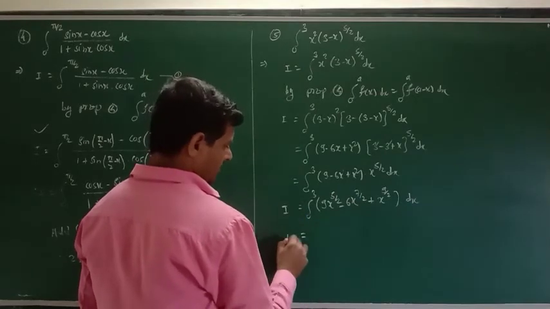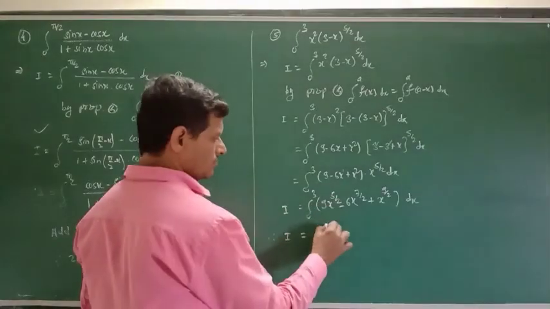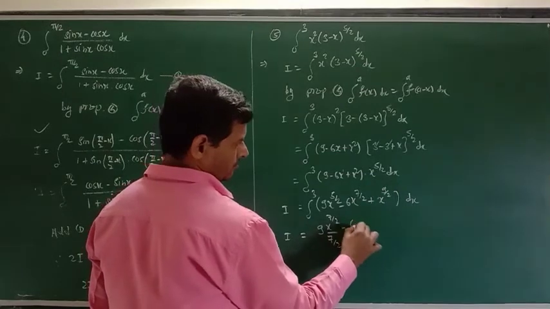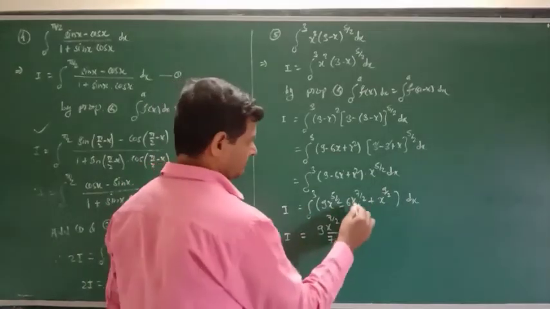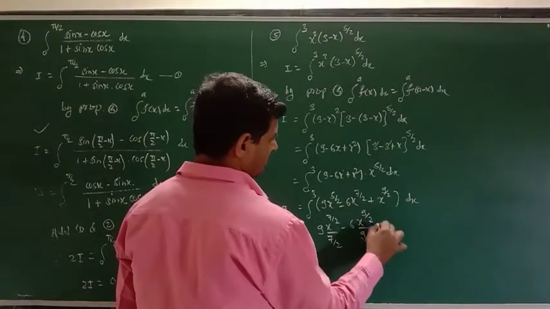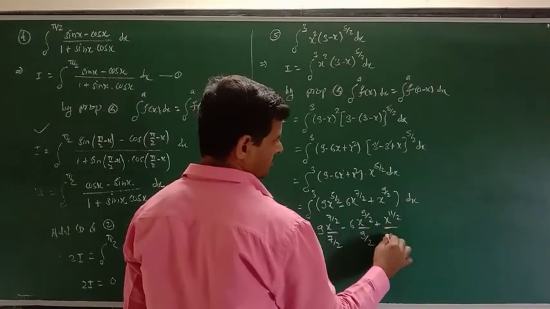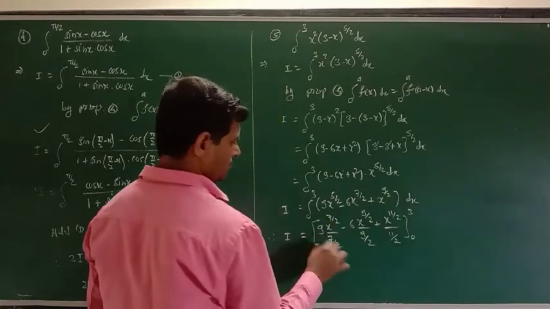Now see the value of the definite integral is 9 x raised to 7 by 2 upon 7 by 2, minus 6 x raised to 9 by 2 upon 9 by 2, plus x raised to 11 by 2 upon 11 by 2, and integration from 0 to 3.